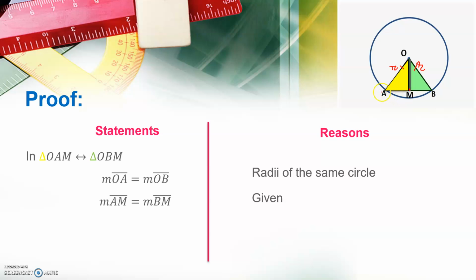So that is why measurement AM is equal to measurement BM. And also we know that AM is the side of triangle OAM and BM is the side of triangle OBM. And we have proved that these two sides are equal.